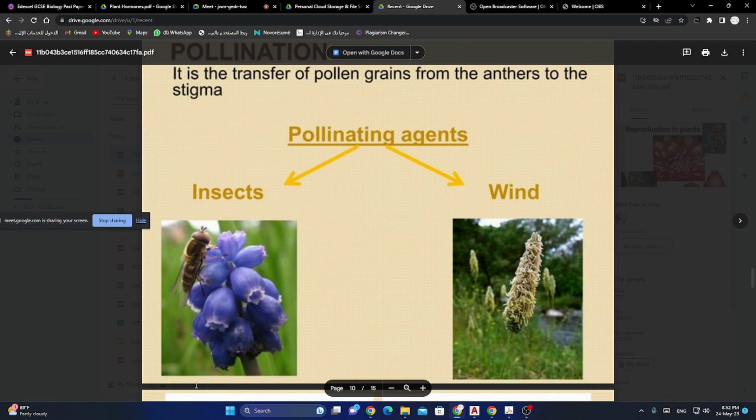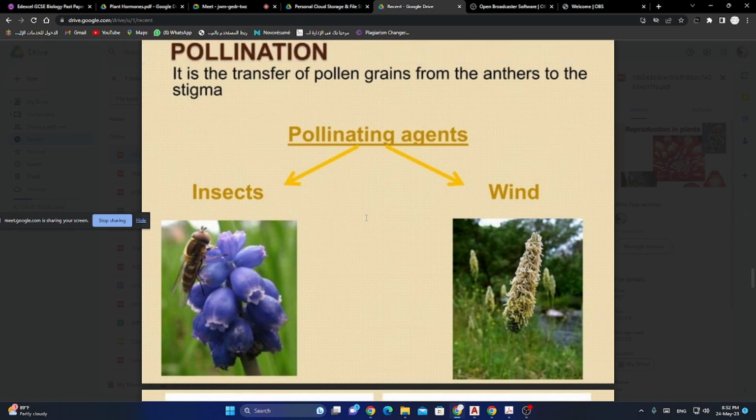An example for an insect pollinated flower would be, let's say, a sunflower or a tulip or a rose, right? They usually rely on some type of insect as a pollinating agent.